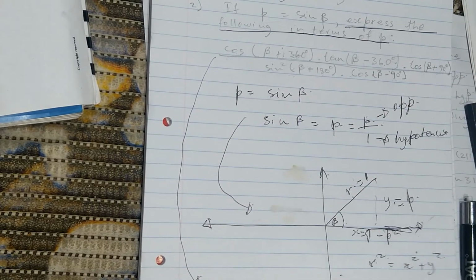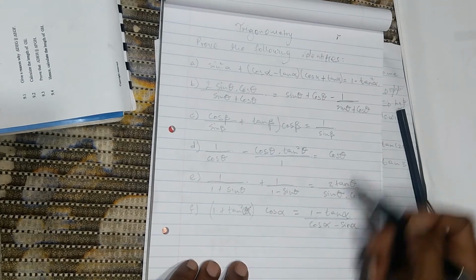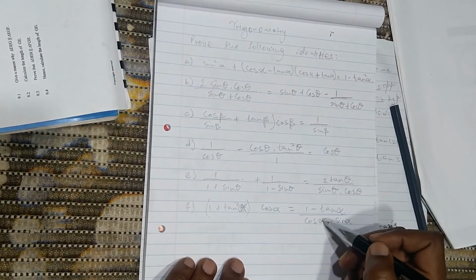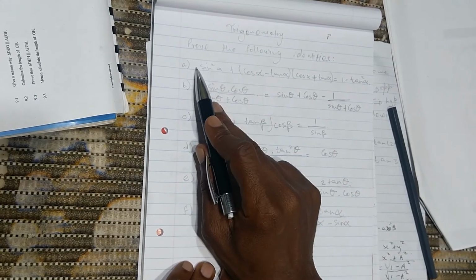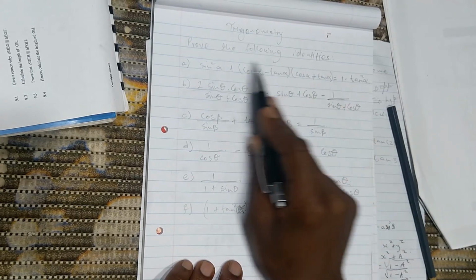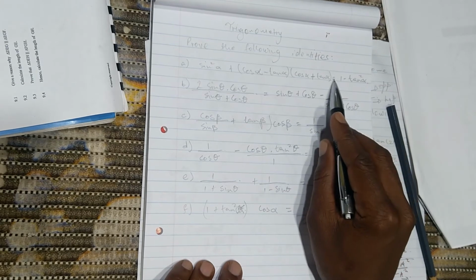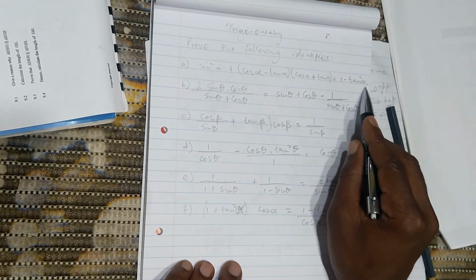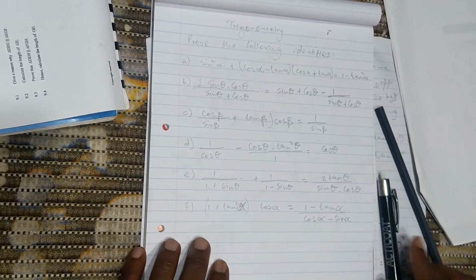But here, before I leave you, I just want to leave you with these ones here that you can do as practice at home. I want you to try and prove these identities, that it reduces to 1 minus tan alpha, and so on, all the way up to f. That should give you enough practice.